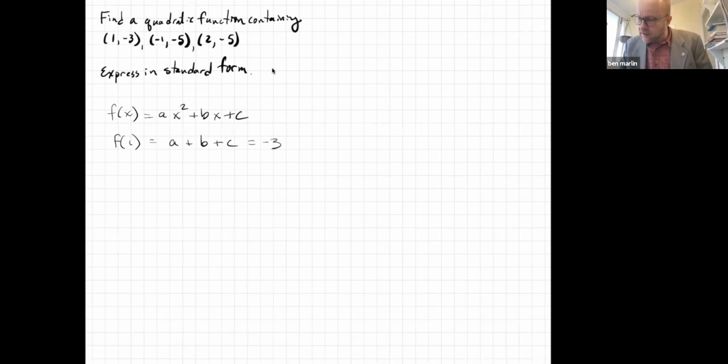Okay. Similarly, if I say f of -1, since -1 squared is 1, I should still get the a, but this time I should have a minus b and then a plus c. And that should turn out to be, is it -5? Yeah. Okay. And then finally, f of 2 needs to turn out to be -5 as well.